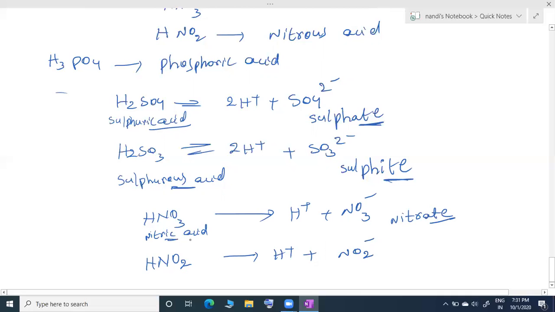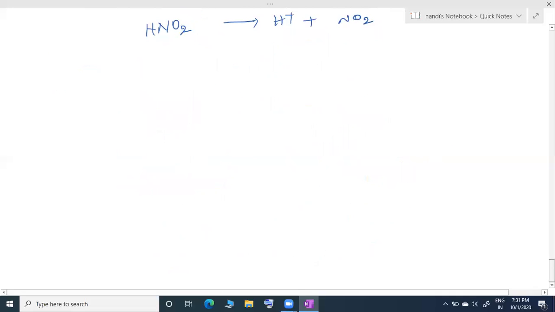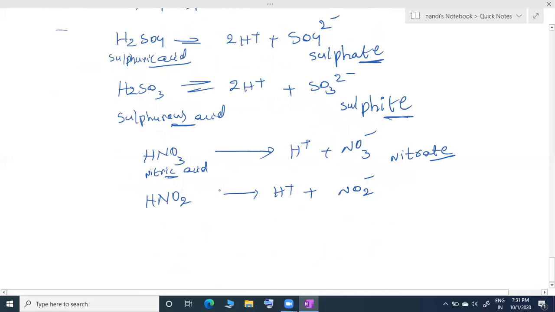Nitrous acid gives nitrite. So this is an easy way to identify it, you can find it out very easily.